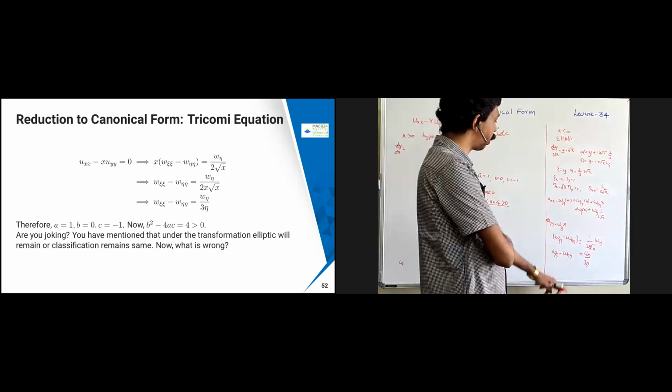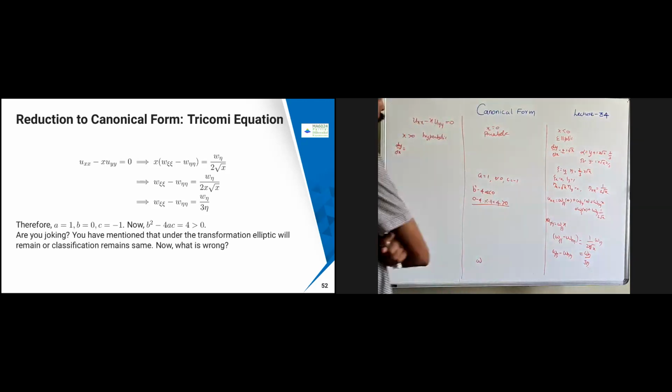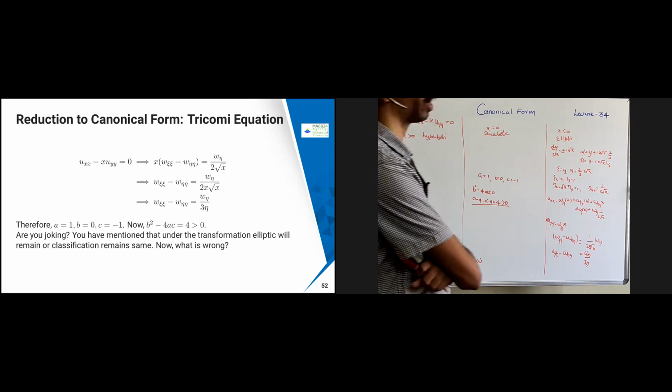From this location you can justify. Anyone? Research scholar also can answer.